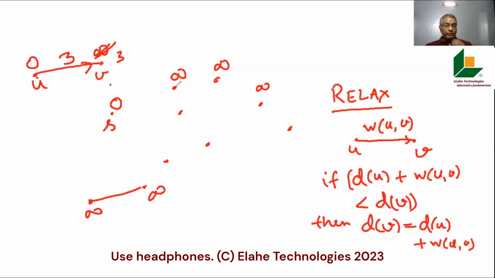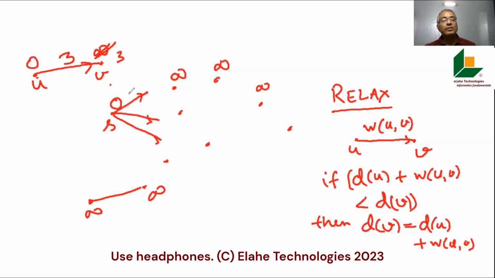Therefore, if I apply the relax operation on all the edges of the graph in the first iteration, the only d values which will be affected are those on vertices which are one edge away from S, meaning the vertices directly connected to S. Those d values will be updated to the corresponding edge cost.